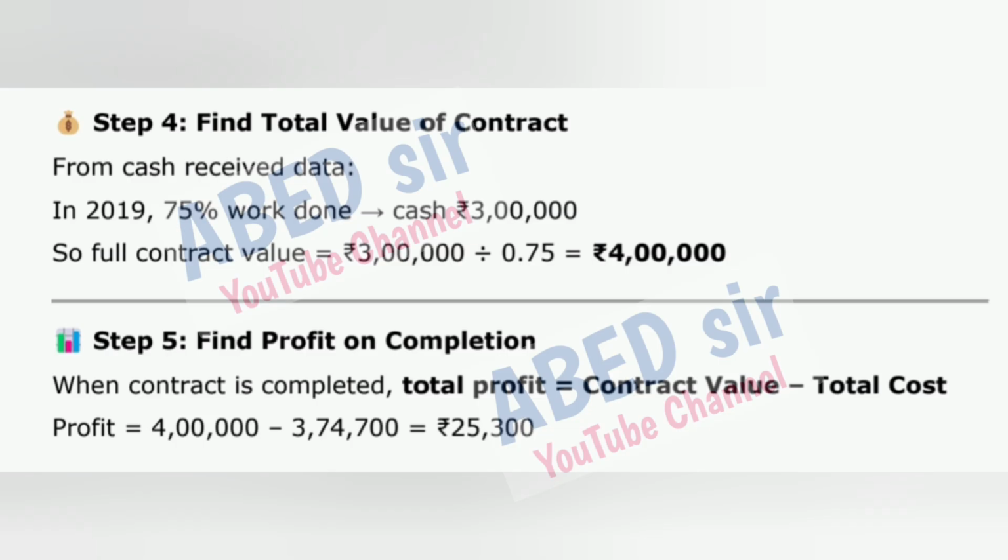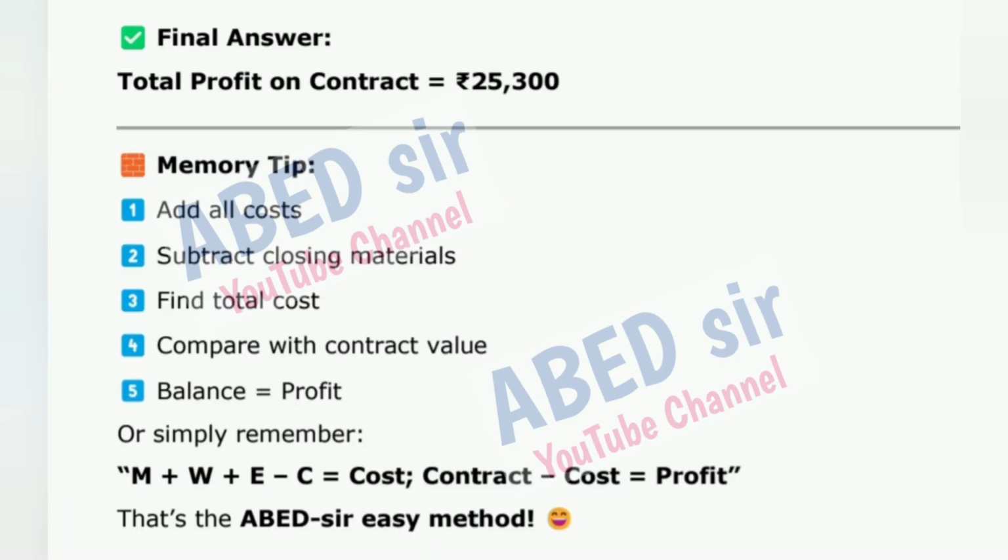Find profit on completion. When contract is completed, total profit is equal to contract value minus total cost. Profit is equal to 4 lakhs minus 3 lakhs 74,700, equal to 25,300 rupees. Final answer. Total profit on contract is equal to 25,300 rupees.